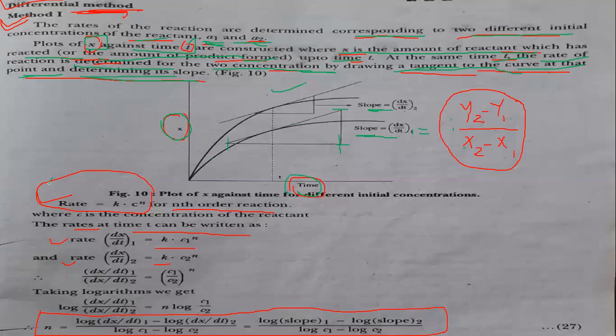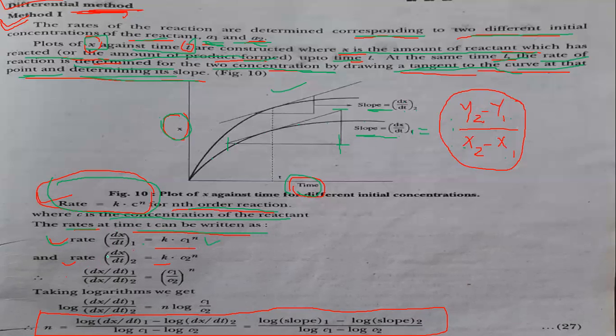So the rate of the reaction is given by k c raised to n. What is n? n is the order of reaction. c is the concentration of the reactant. The rate at a time t can be written as: rate, dx upon dt 1, is equal to k c1 raised to n.